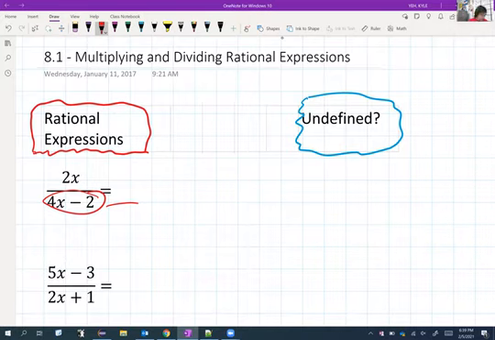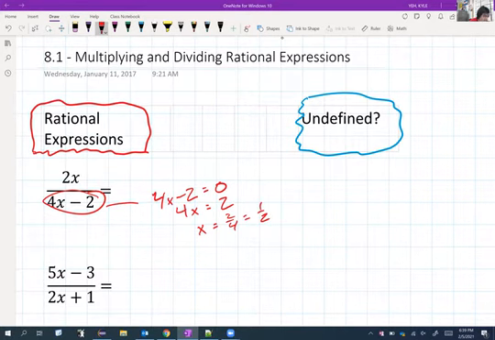Now we're just finding where this would be undefined. So I'm going to say 4x minus 2 would equal 0 when it's undefined. 4x equals 2, divide by 4, x equals 2/4 or 1/2. So for this very first rational expression, it's undefined at x equals 1/2, because that would make the bottom 0, meaning we would be dividing by 0.